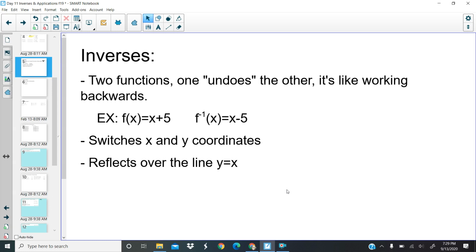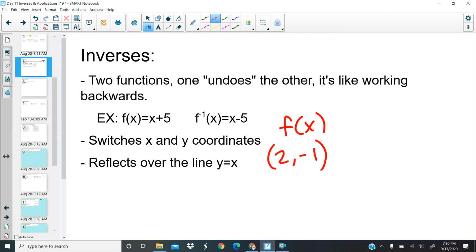With that being said, whenever you have these inverse functions, it's going to switch your x and y coordinates. Let's pretend you have a function f of x, and it has the point (2, -1) on it.